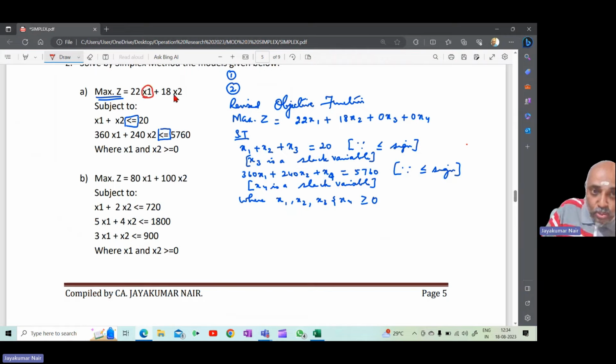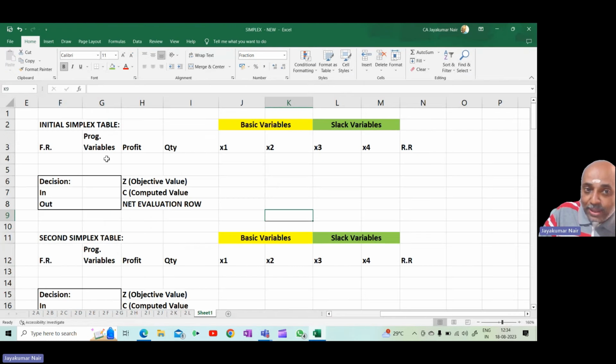Basic variables are the ones which are given in the question, that is x1 and x2. We don't begin the problem with them. We always start with the variables that we have introduced. In the first constraint, the variable introduced is x3, and in the second constraint, it is x4. So these are the two variables we will begin with.